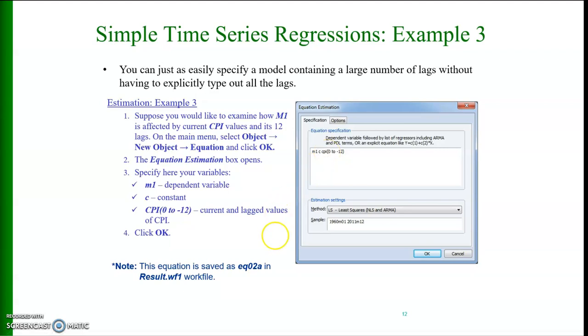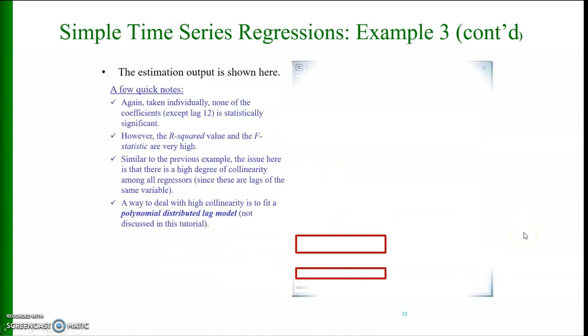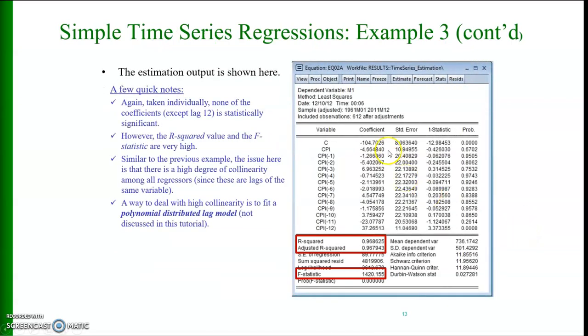If you follow this, here are the results. These are the various coefficients of the lagged values of the CPI, and this is the coefficient of the CPI. So again, taken individually, none of the coefficients except lag 12 is statistically significant. However, the R squared value and the F statistic are very high. Similar to the previous example, the issue here is that there is a high degree of collinearity among all regressors.